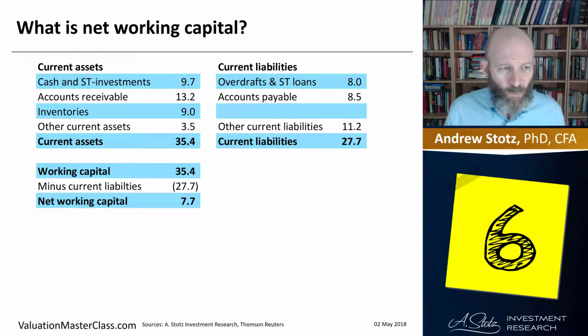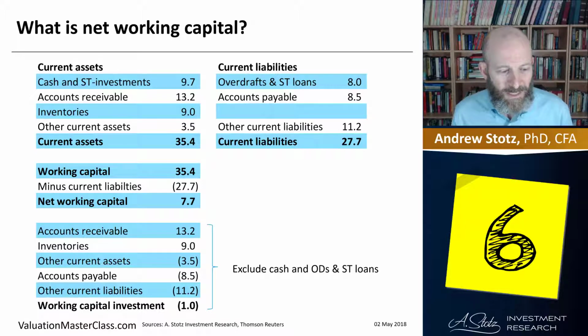So let's take a look at working capital for a moment. We could say that working capital in the traditional sense is the amount of current assets that we have, minus current liabilities, in this case 27.7. We end up with net working capital. So that's kind of the traditional accounting perspective.